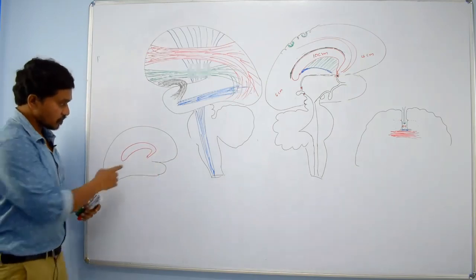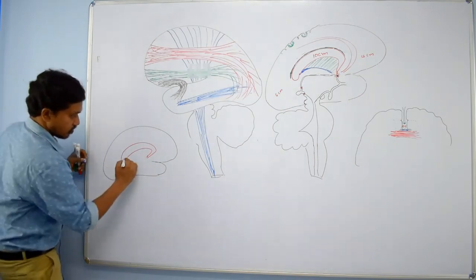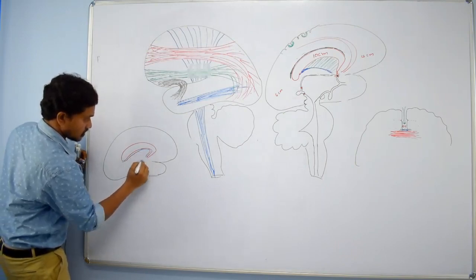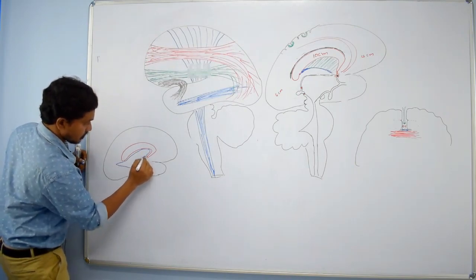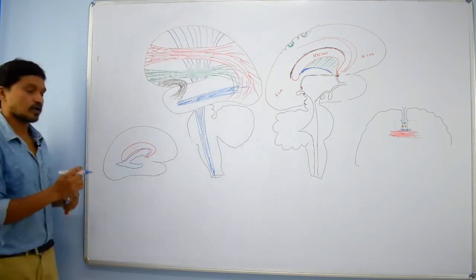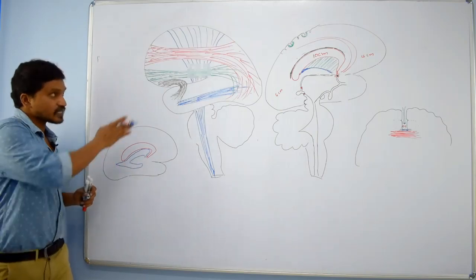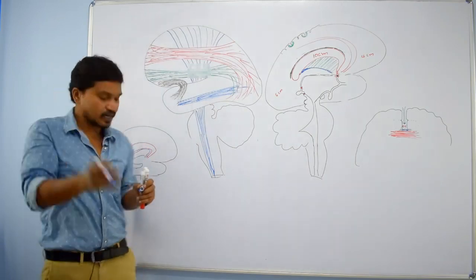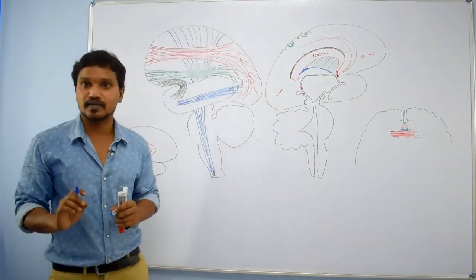Now, below this corpus callosum, you can find a structure like this. What is the structure? This is lateral ventricle. If you see in the center, you cannot see this lateral ventricle. If you go a little lateral to the midline, then you can see the cavity here. This cavity, we call lateral ventricle.